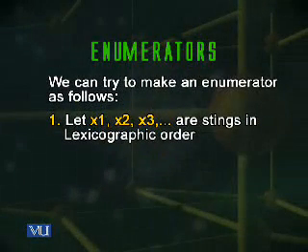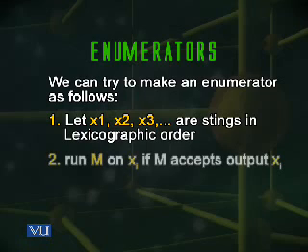So that would be our first description of this attempt at making this enumerator. Formally, the enumerator is described as follows. Let x1, x2, x3 all the way up to xn be strings in lexicographical order. Run the Turing machine M on xi. If M accepts xi, output xi.